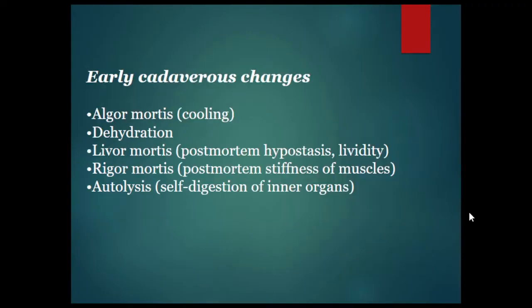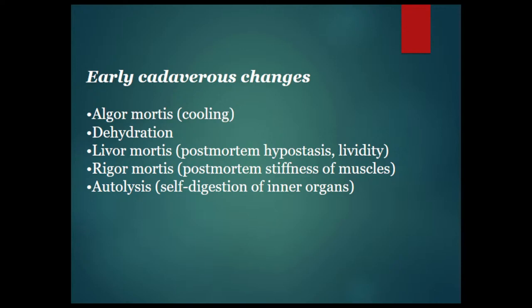But cadaveric changes are definite signs of death. Early cadaveric changes, which are seen within the first 24 hours after death, include so-called algor mortis. Sometimes it is called cooling of the body, but indeed this is not about cooling.